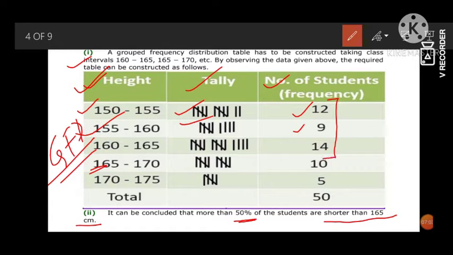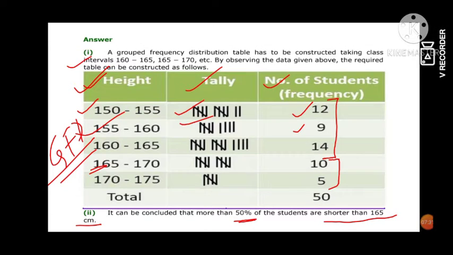Prior to that, the numbers as you can see are 12, 9 and 14. So most heights are below 165, whereas from 165 to 175 only a few students are there. So majority of the students are shorter than 165 centimeter. So this was our question number 4.